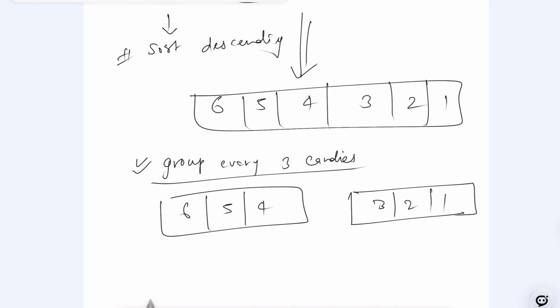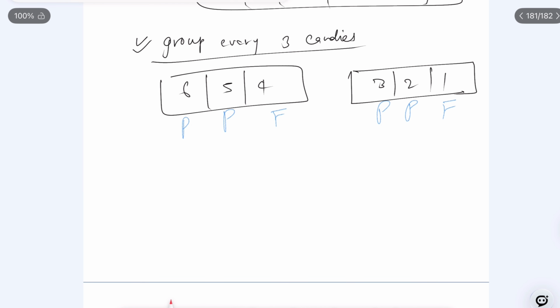Now go with the payment: here we will pay, here we will pay, this will go for free. Again, here we'll pay, here we'll pay, this will go for free. Are you understanding what I'm trying to say? After the grouping, we can pay and get the free candies. The purpose is to save more money, and that is why we are doing grouping here, so we can get the maximum profit.